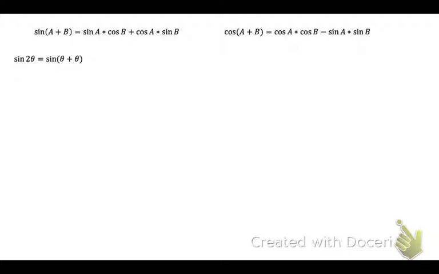So if I plug that into that equation right above it, I end up getting sine of theta cosine of theta plus cosine of theta sine of theta, which really, that's the same thing. Like this and this are the same exact thing. So this is equal to 2 sine of theta cosine of theta. I just put the sine of theta first. Cool?